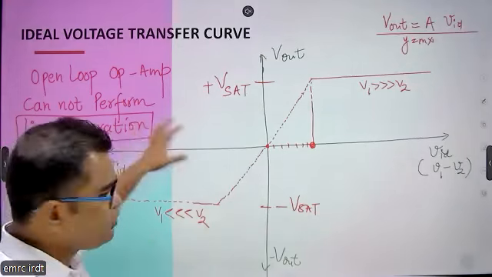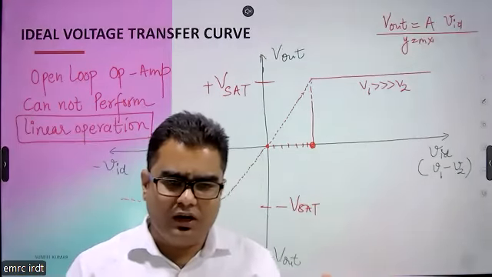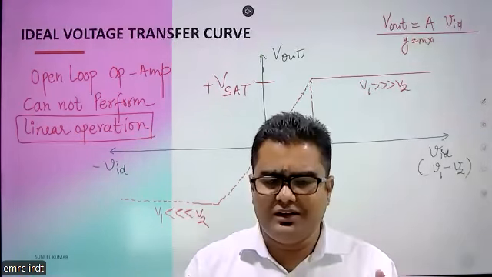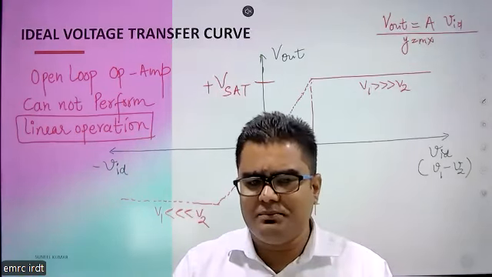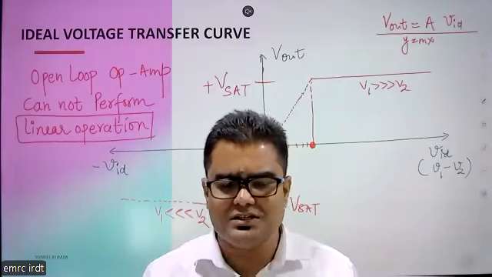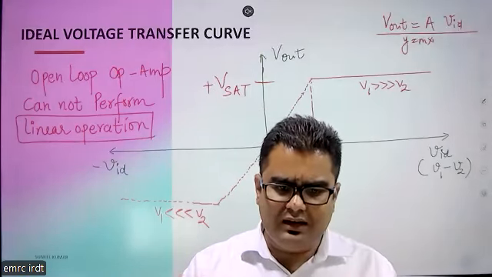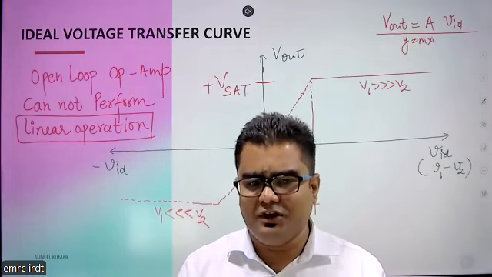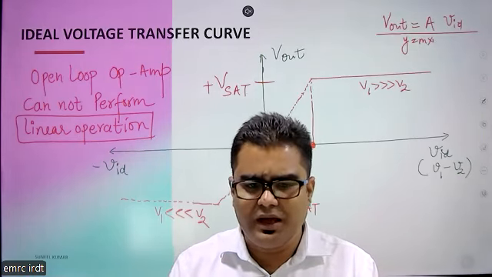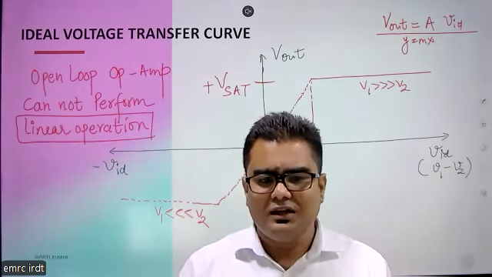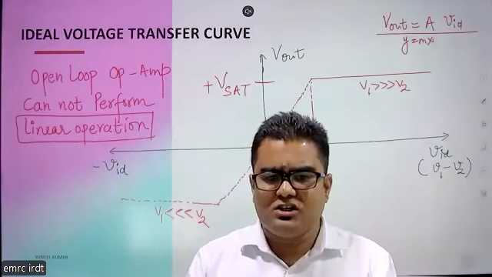So we have to do feedback. We have to connect the output terminal to one of the input terminals. Now we will decide which configuration is best suited for linear application. If we connect the output to the inverting terminal, it will be negative feedback. If we connect the output voltage to the non-inverting terminal, it will be known as positive feedback.